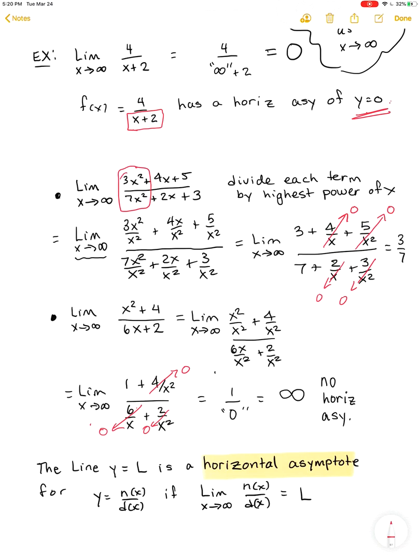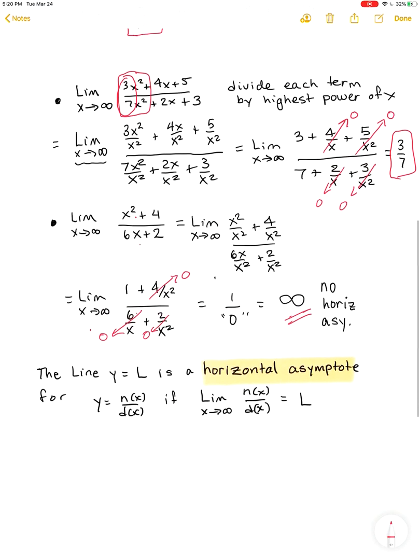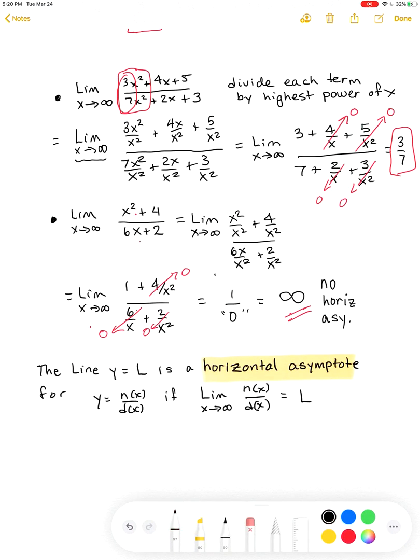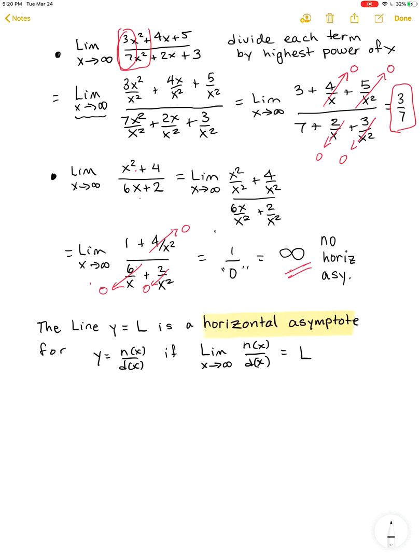If the highest power of x is the same, it's no coincidence that the horizontal asymptote, or the value of that limit, is the ratio of the coefficients of that highest power of x. And if the degree on top is bigger, the top grows faster than the bottom, which means in the long run, the y values get infinitely large. So we can use that pattern to our advantage and save us a few steps.